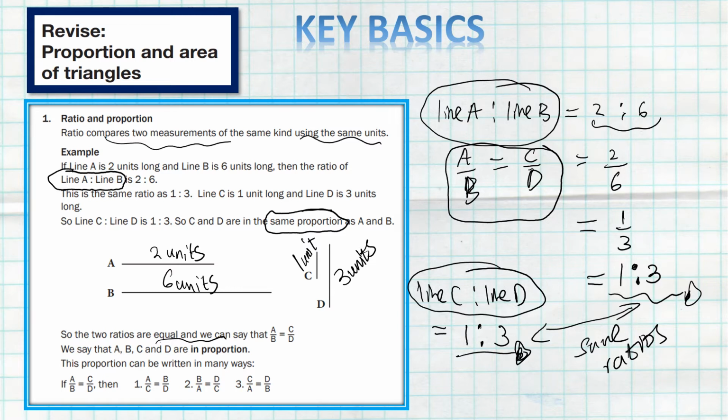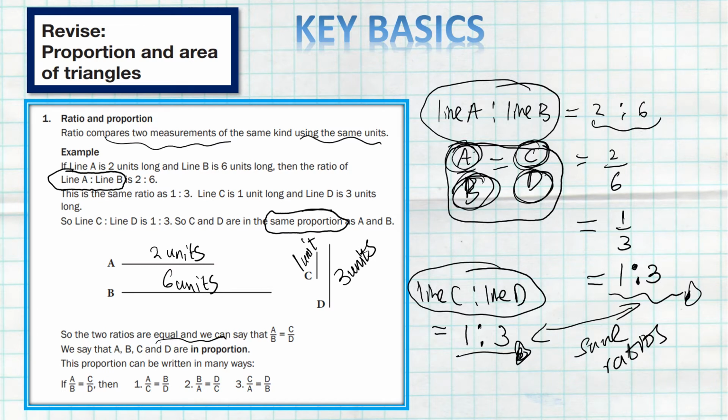So this proportion can be written in many ways, right? One can say A over B is equal to C over D, or you can choose to say A over C is equal to B over D, right? So you follow that same sequence. Someone can decide to start with B, and you'll say B over A is equal to what?